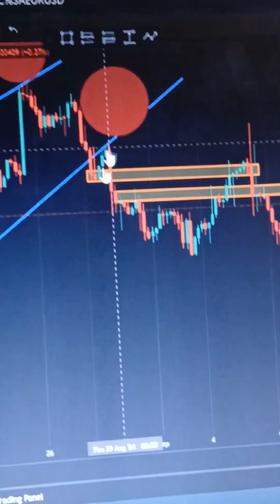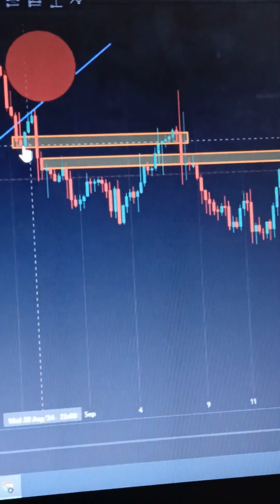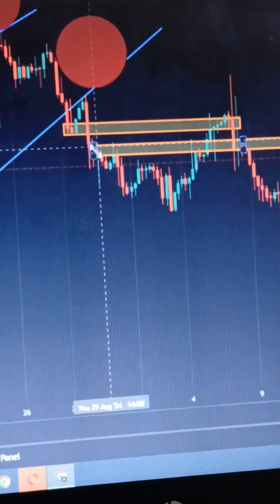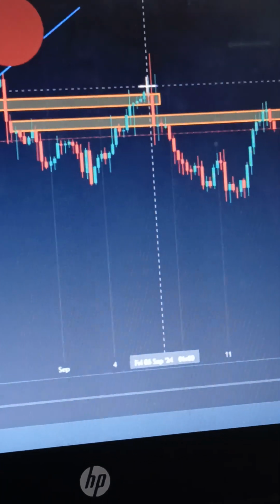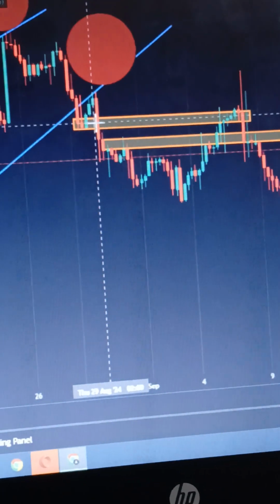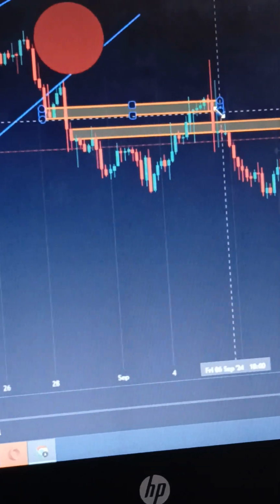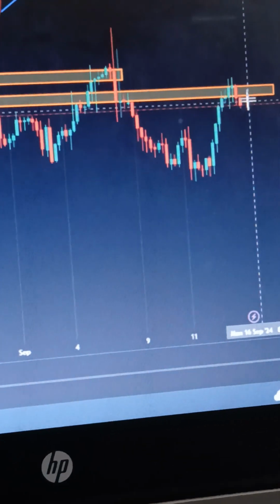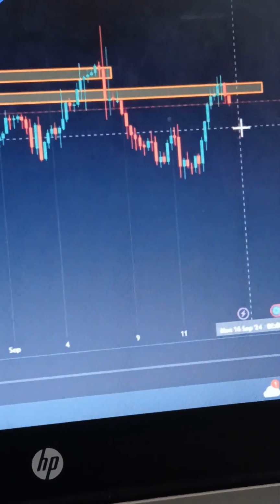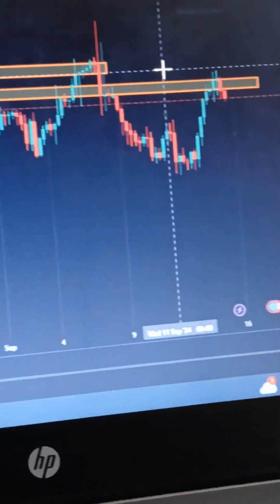You can also see how the market broke out from this little support zone, making an impulse to the downside, then a correction which came to this zone to make a retest to find its balance for making an impulse to the downside. Then after that, it came back to this level to make a retest to the downside.